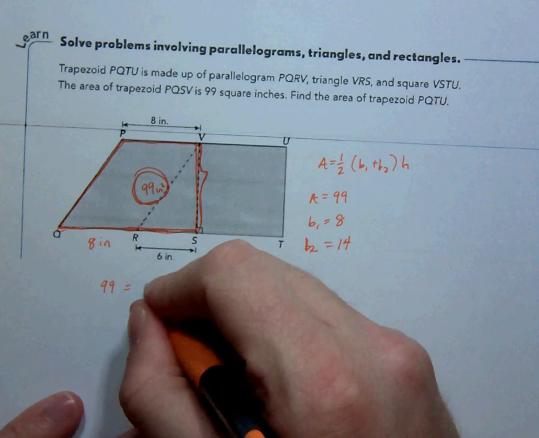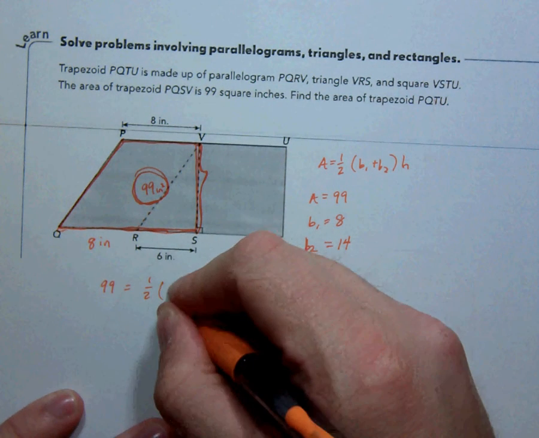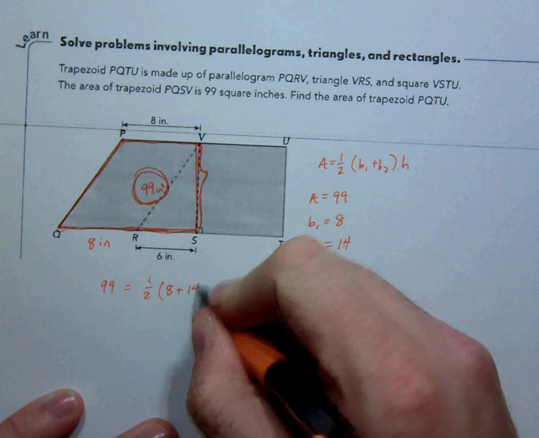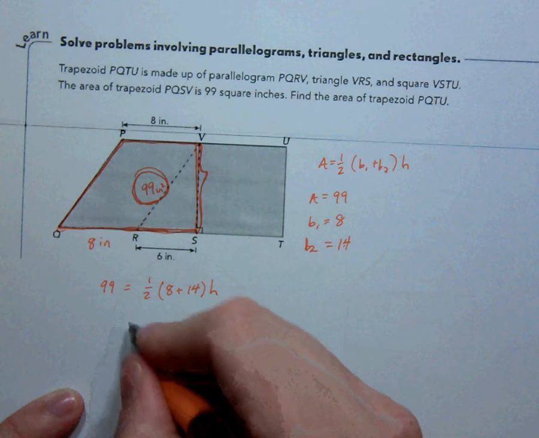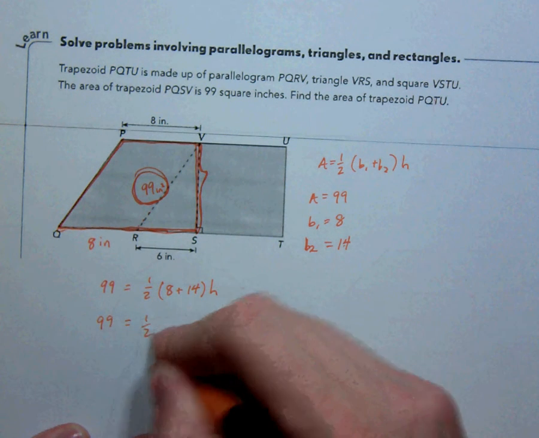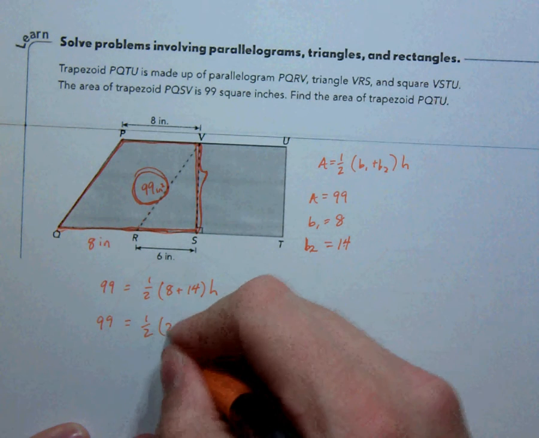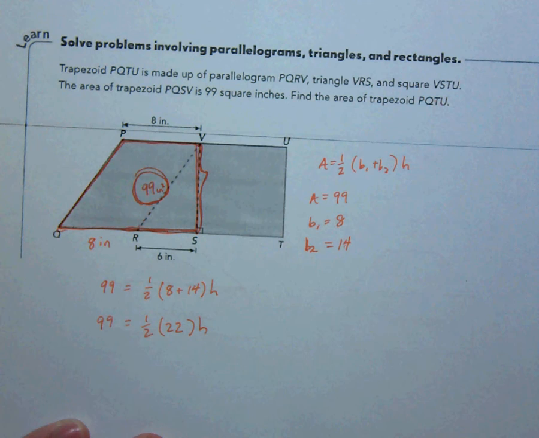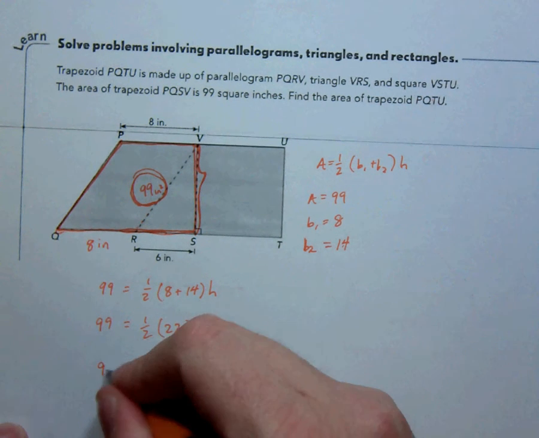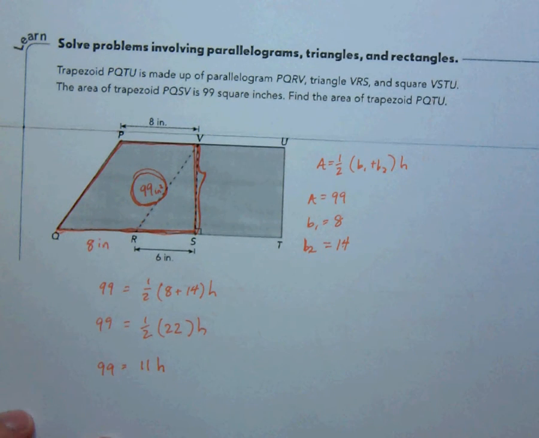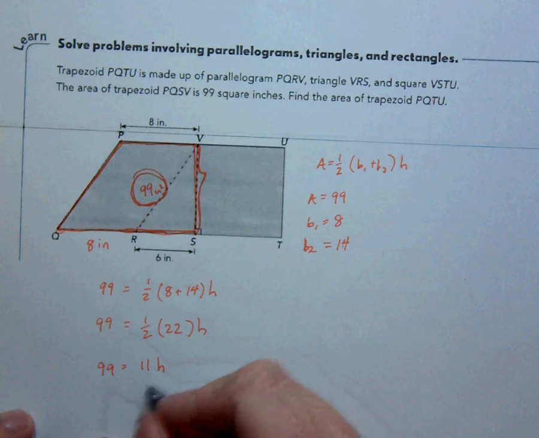So area is equal to 1/2 base 1, 8, plus base 2, 14, times the height. That's equal to 1/2, 8 plus 14 is 22, times the height. 1/2 of 22 is 11, so 99 is equal to 11 times a number h. 11 times something is 99.